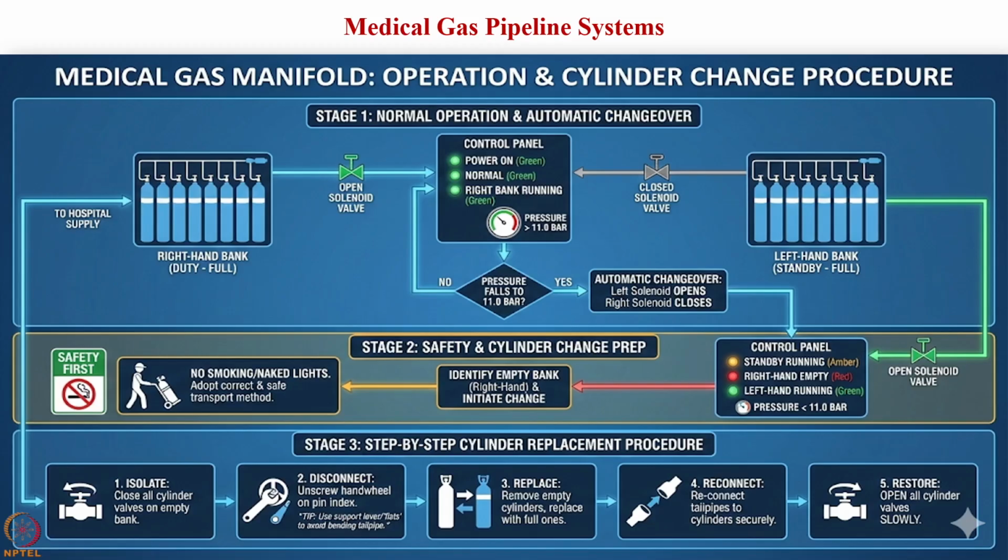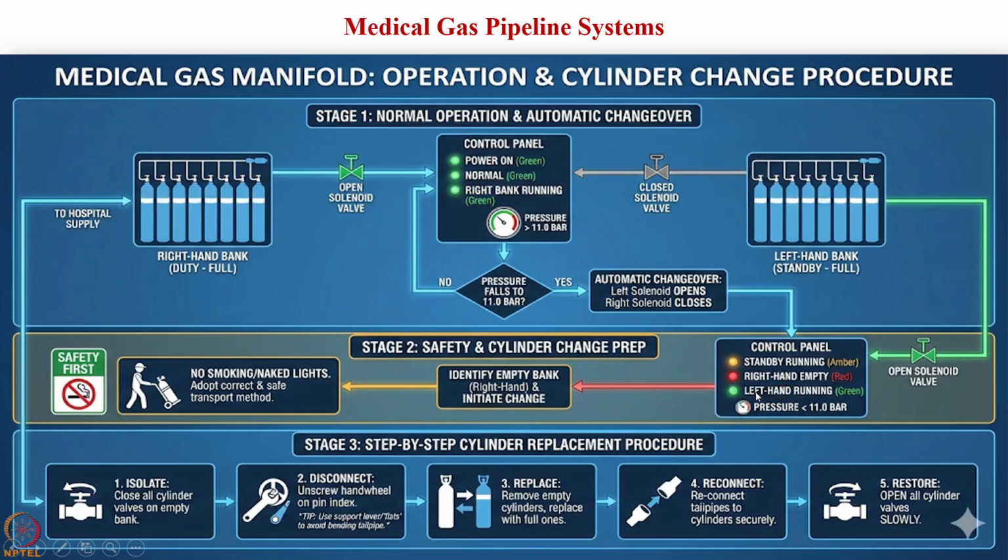Medical gas pipeline system, MGPS, which is being shown in the picture with respect to the normal operation and automatic changeover, where stage 2 emphasizes more on the safety and cylinder change preparation from non-smoking to identified empty bank and control panel, which is being highlighted with colors, yellow being shown as standby running, right being shown as right-hand empty and left-hand running.